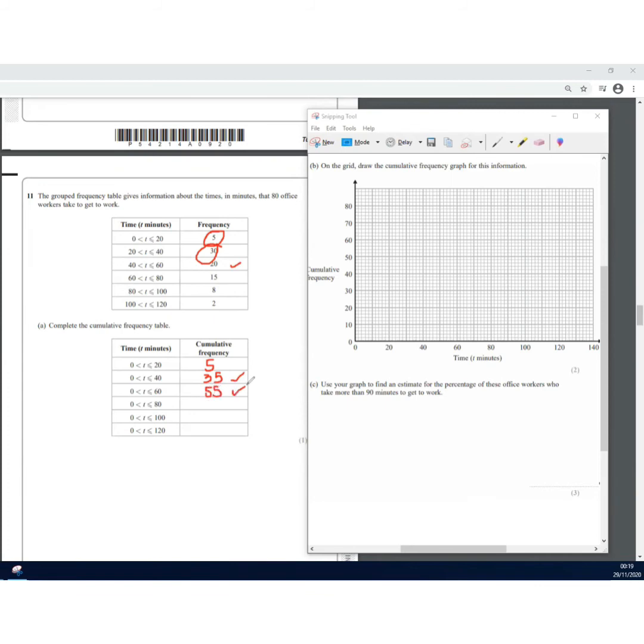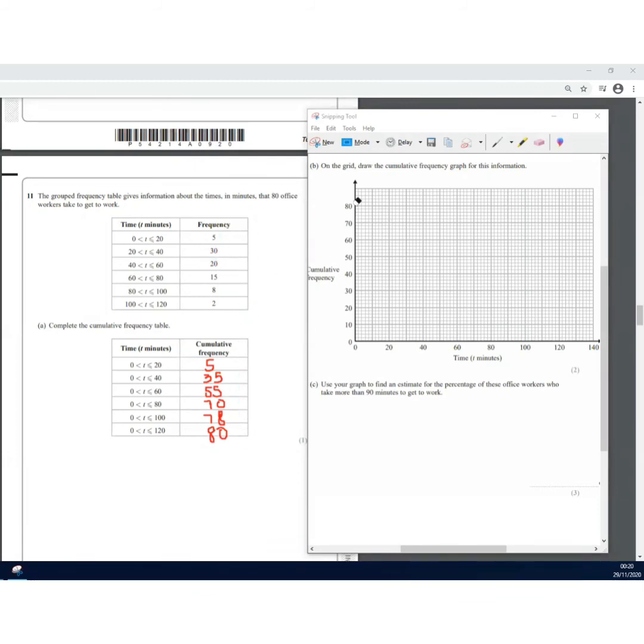Then you add the new cumulative frequency, which is now 55, to 15 to get 70. And then 70 will be added to 8 to get 78. And then finally, 78 will be added to the last of the frequency, which is 80. So this is how you complete the cumulative frequency table.